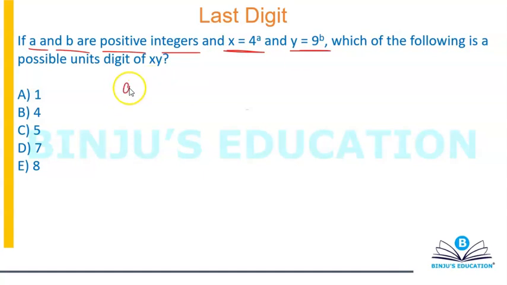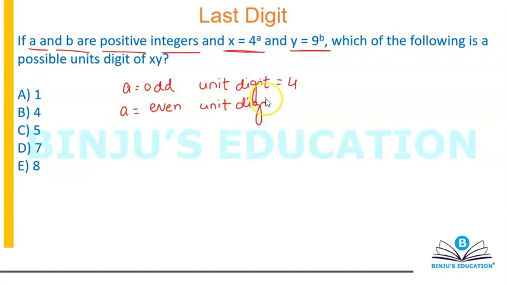If A is odd, then the unit digit is 4. If A is even, then the unit digit will be 6. These are the only two possibilities.